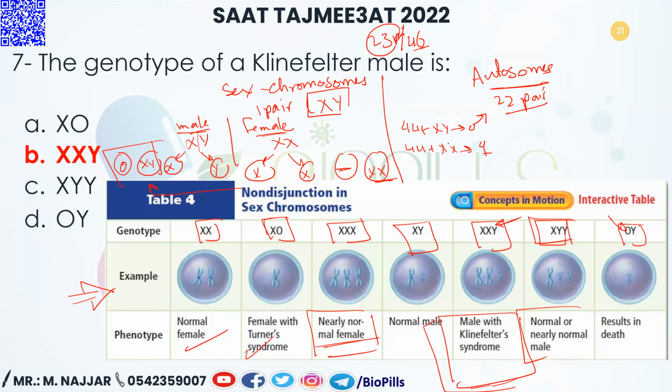If there is one additional chromosome, as in Down syndrome, it will be 45 plus XY if it's a male, or XX if it's a female with Down syndrome. This is 45 because there is one additional copy of chromosome number 21, but chromosome 21 is an autosome, not a sex chromosome, and this is called trisomy.